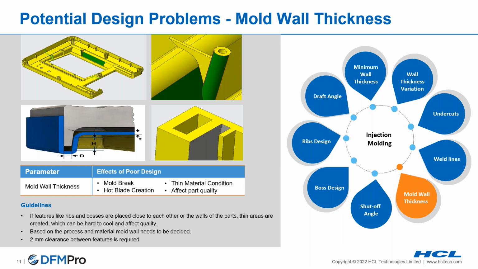The minimum allowable mold wall thickness needs to be decided based on the process and material considerations. However, it is reasonable to have a clearance of 1 mm between the features. The impact will be breakage of a mold, creation of a hot blade, thin material conditions, and affected part quality.